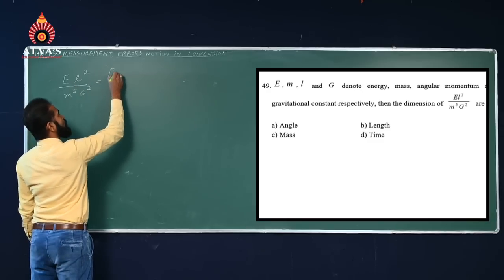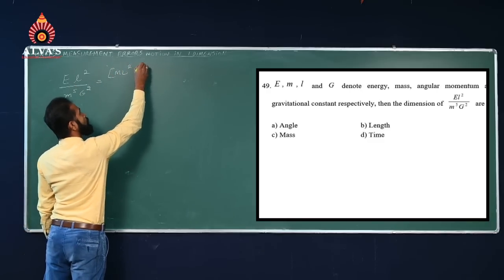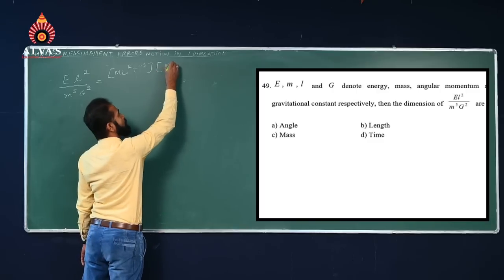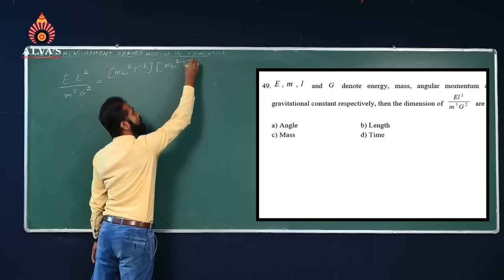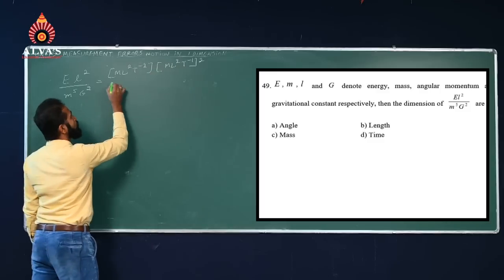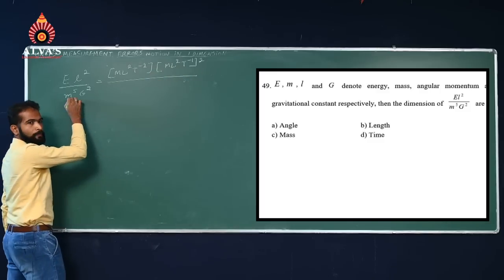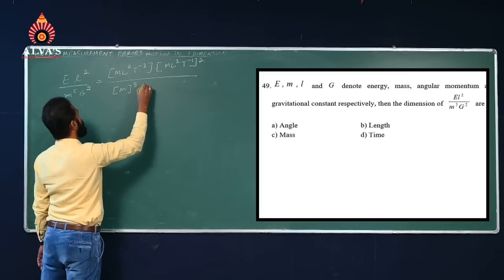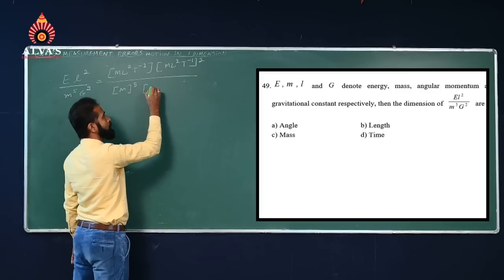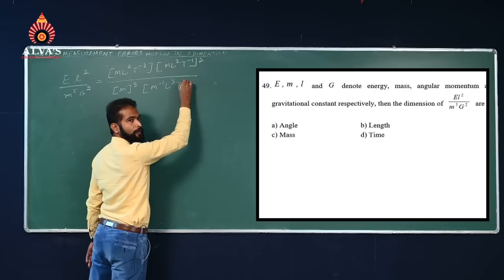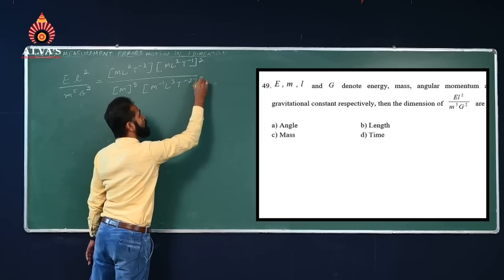Dimension of energy is M L2 T minus 2. L is given as an angular momentum, that is M L2 T minus 1, once again given as a power of 2, divided by dimension of mass, which is M to the power 5, and dimension of universal gravitational constant will be M minus 1, L 3 and T minus 2, the whole square.